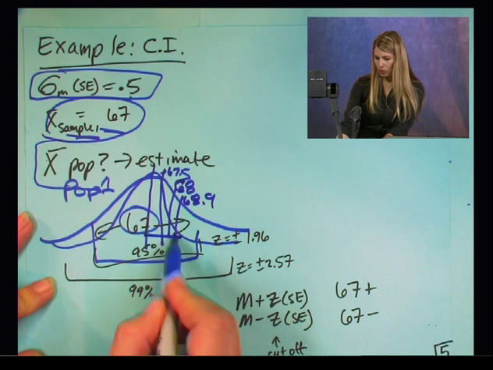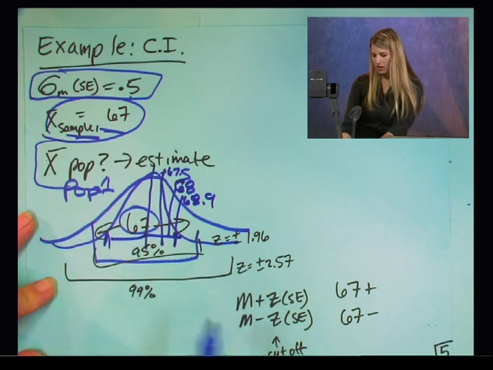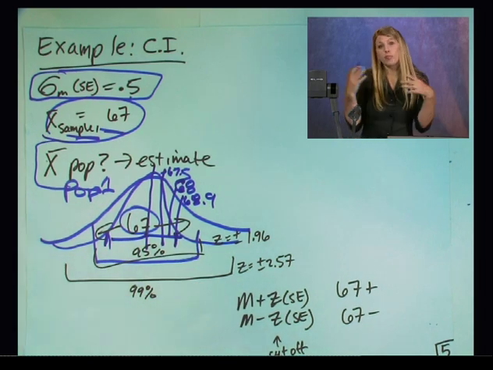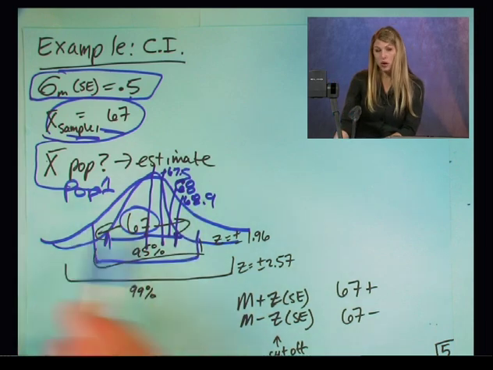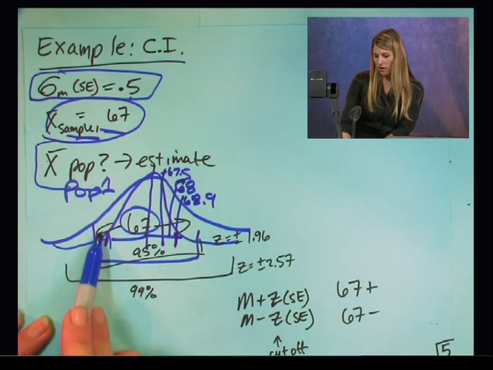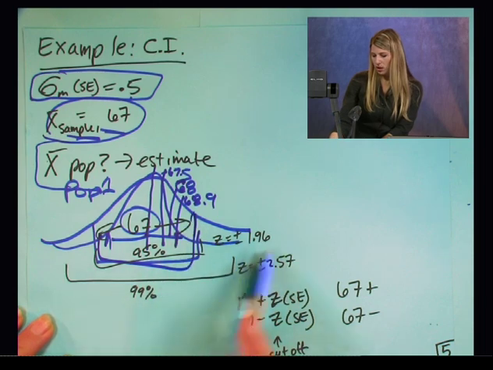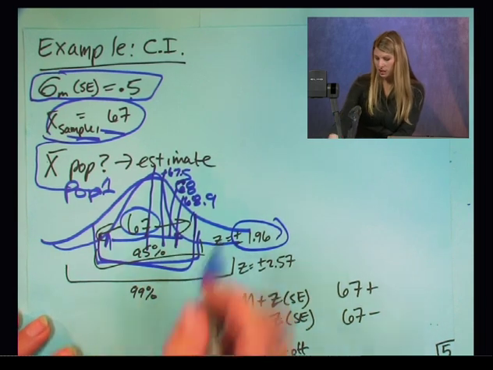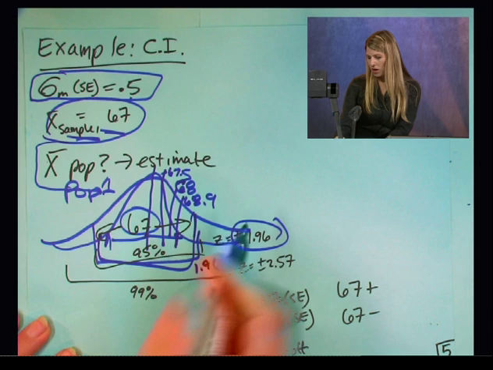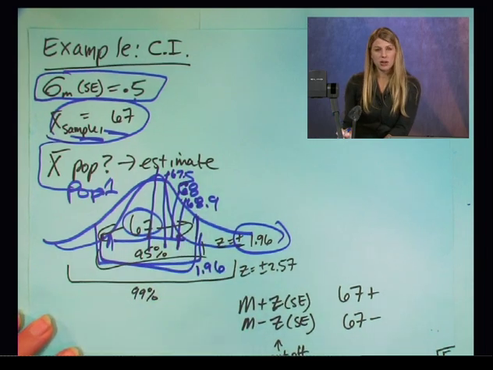So remember, if you go up 3 standard errors, down 3 standard errors, you're getting most of your data in there. So we're using what we know about this normal curve. We could take off 95%, which would be the z-score of 1.96. So it'd be almost to the second standard error up.